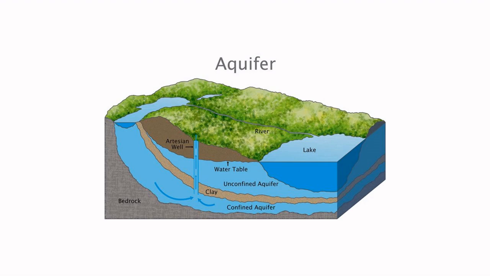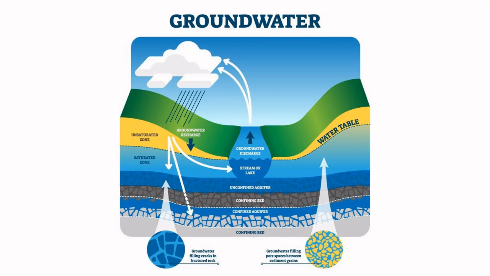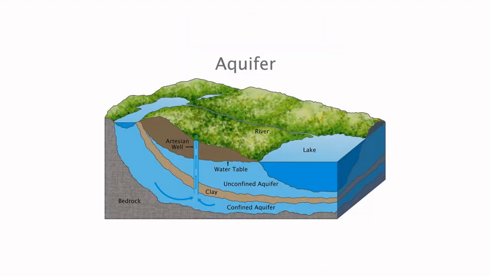So let's discuss the confined and unconfined aquifers. You can see the confined and unconfined aquifer here. Water that is in direct contact vertically with the atmosphere through the open space in a permeable material is called an unconfined aquifer. Take the example of lakes, rivers, channels and all.